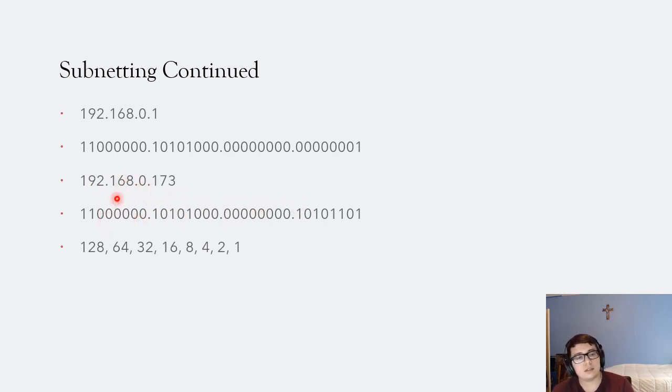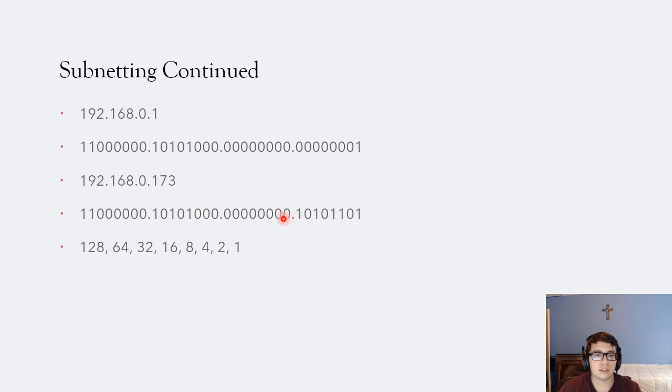And if you wanted to subnet this address with a 25-bit subnet mask, that means the first 25 bits are reserved for a network address. So if you were to count all these ones and zeros, the 25th number would be right here, right after the 0 right here in the 4th and last octet.